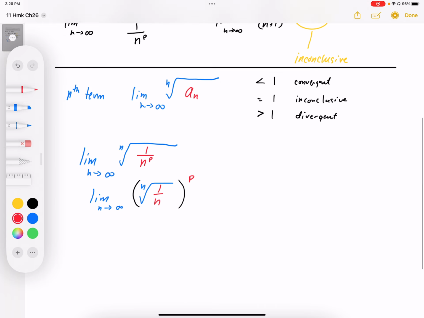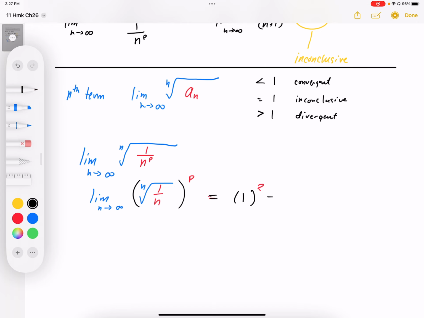because we can do this using the property of powers. So we know that the inside of this, the nth root of n, or even 1 over n, so the nth root of n in the denominator, is equal to 1. And so we can come to the conclusion that this is equal to 1 to the power of p.